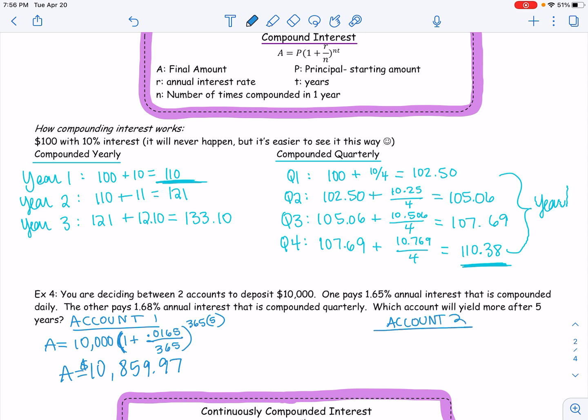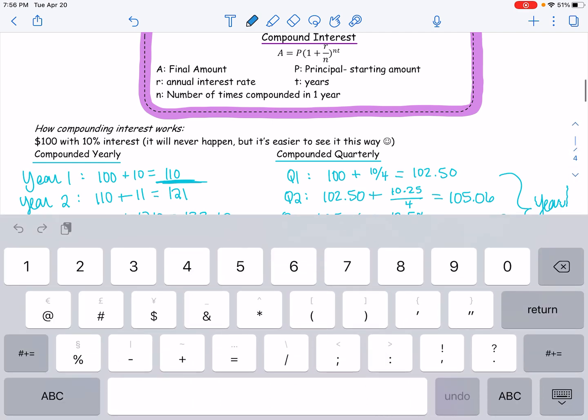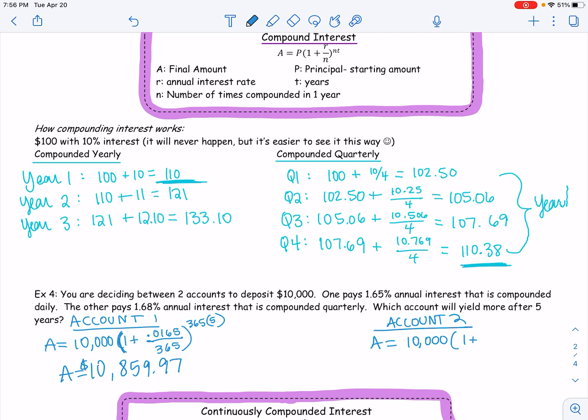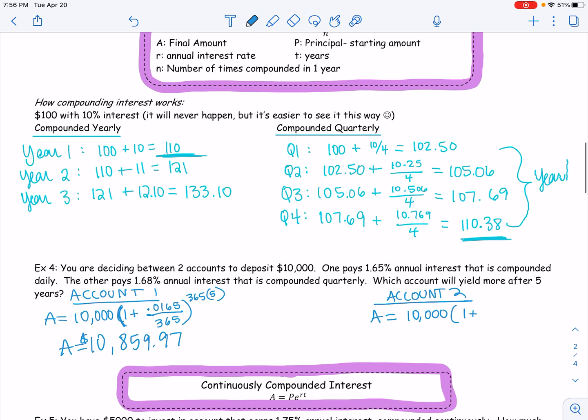Same initial principal, that starting amount. 1 plus, now the interest rate is 0.0168 divided by 4, since this one is compounded quarterly, so 4 times a year, raised to 4 times 5, because again, we're worried about it after 5 years.